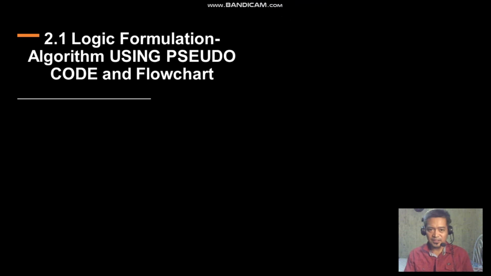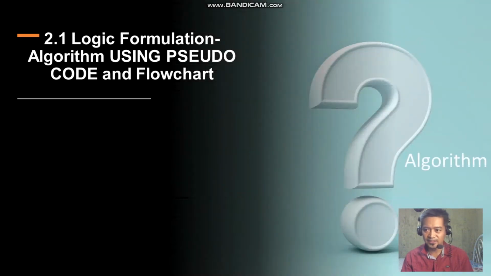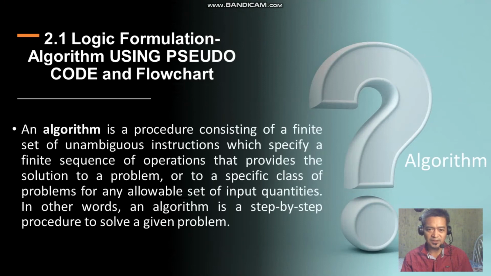So, logic formulation: algorithm using pseudocode and flowchart. The question is, what is an algorithm? An algorithm is a procedure consisting of a finite set of unambiguous instructions, which specify a sequence of operations that provides the solution to a problem or to a specific class of problems, for any allowable set of input quantities.